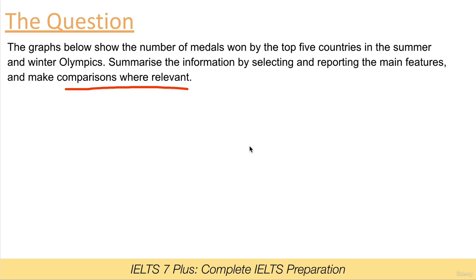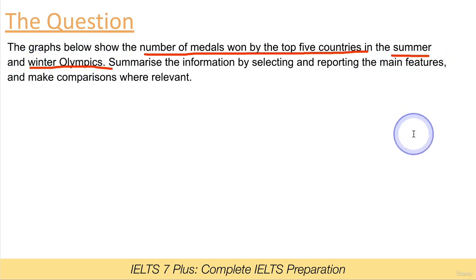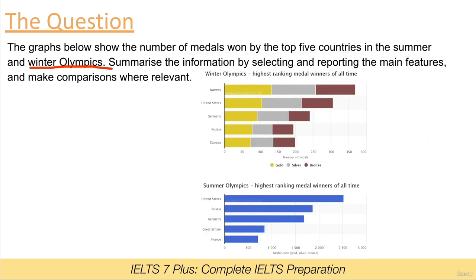So not all the time, but just when it's particularly important or striking or adds to what you are saying. I'll show you how we can make sure that we're hitting all of these points with our structure. So the general idea of what we're looking at is the number of medals won by the top 5 countries, both in Summer and Winter Olympics.